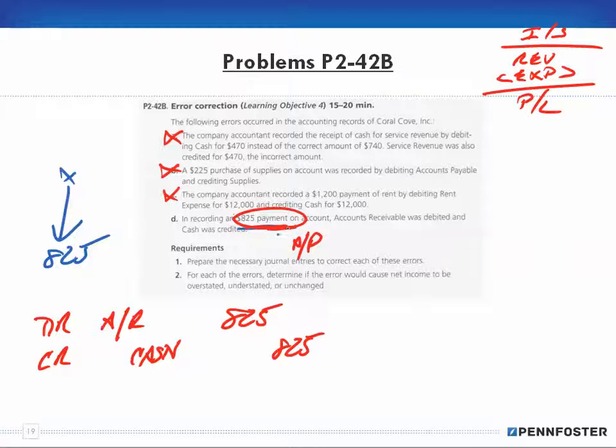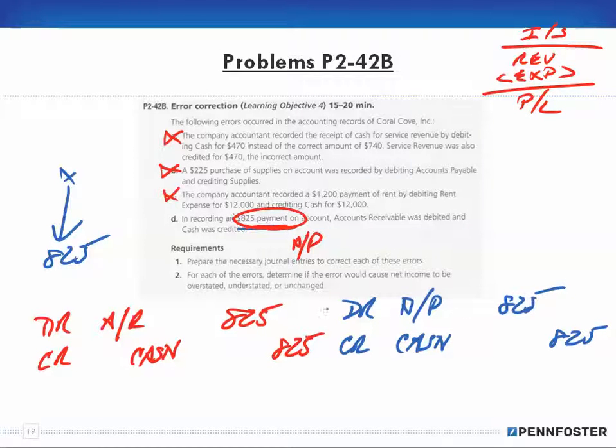Cash is an asset, and I decrease my assets on the credit side. So I have a credit to cash for $825, but because we're making the payment, I'm going to debit accounts payable for the $825. So that's what my correct entry should be.